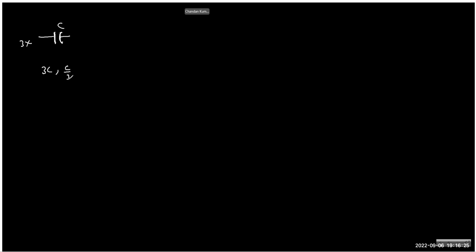Will it be C? Only C. Yes, maybe. I don't think so. So one is all in series. Okay, that's fine. One is all in parallel, 3C. Another is 3C by 2, that's also correct.